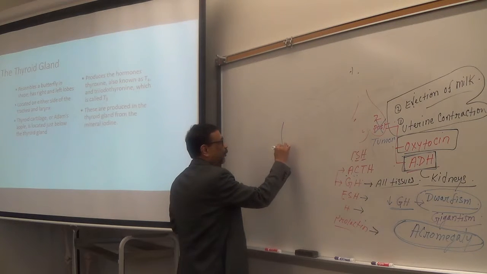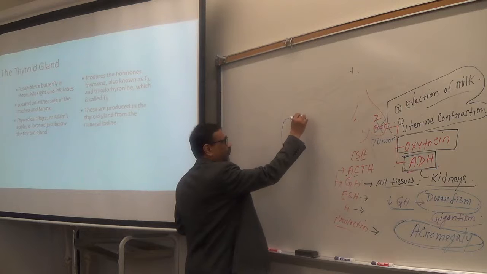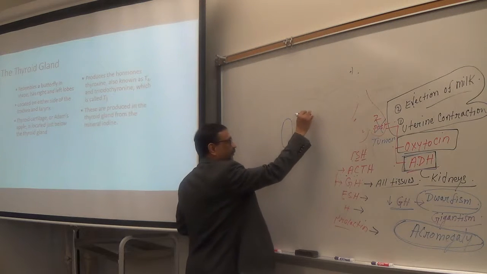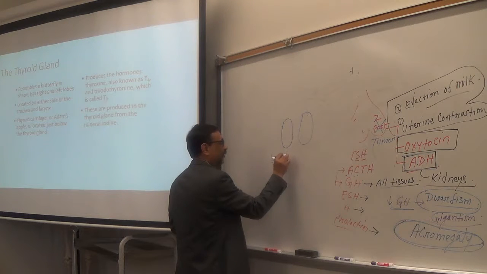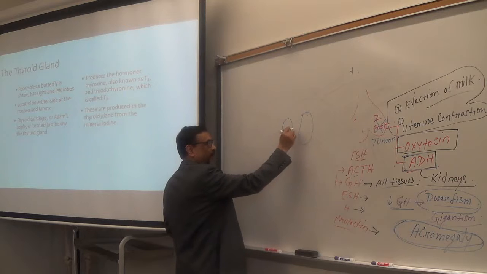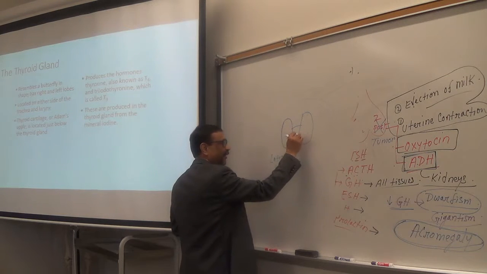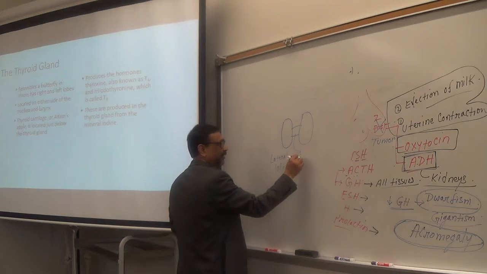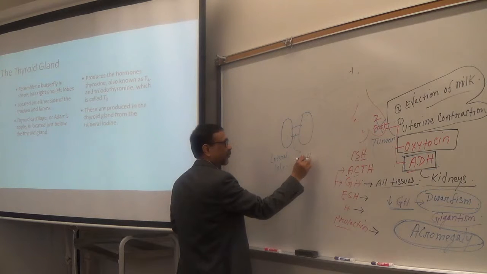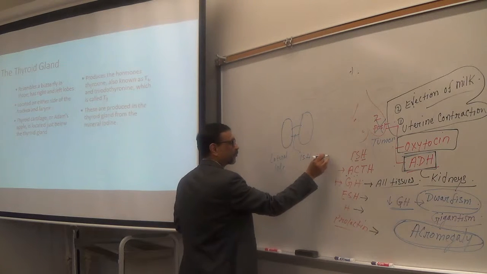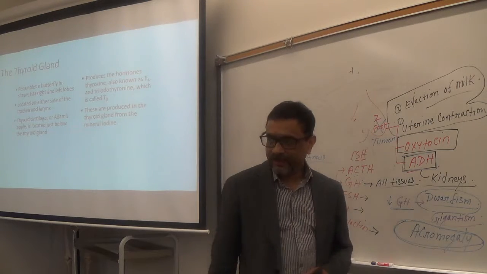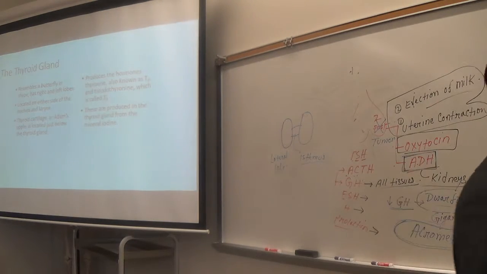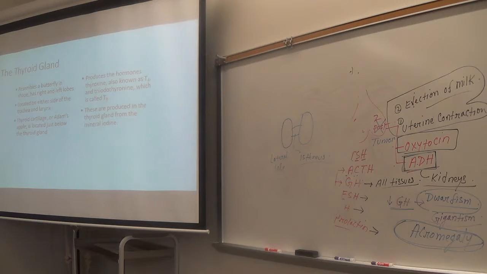It has two lateral lobes, and they are connected by a structure that is called the isthmus. So that is the thyroid gland: two lateral lobes connected by an isthmus.